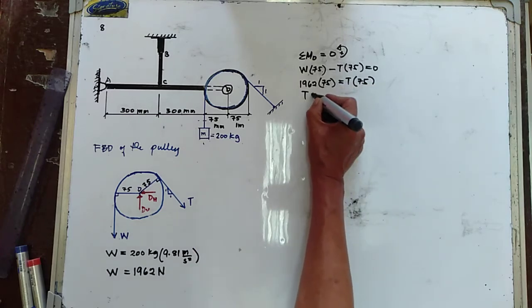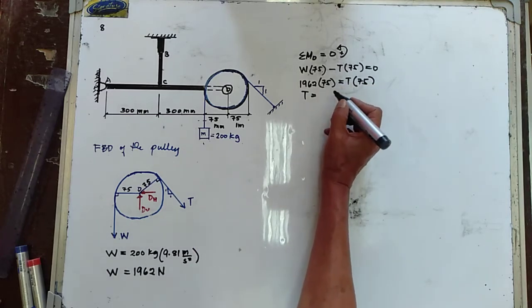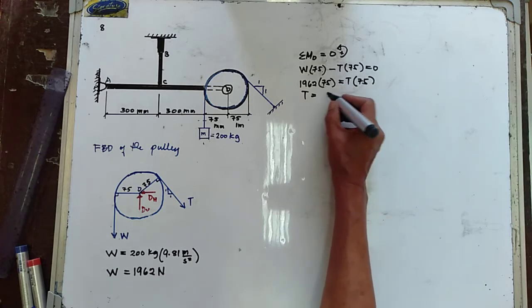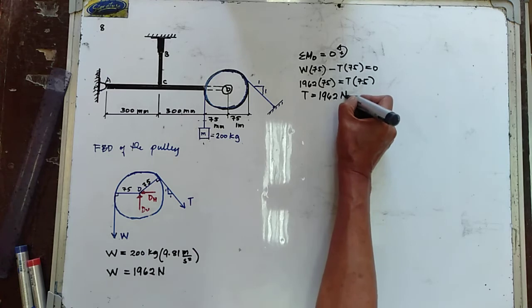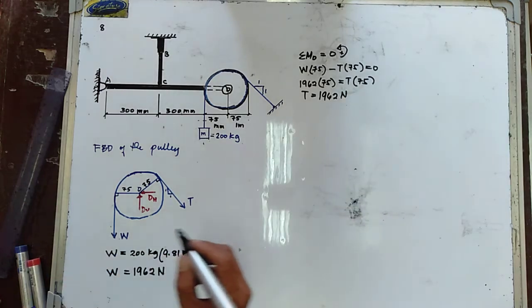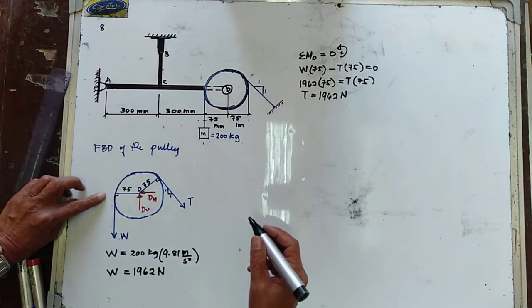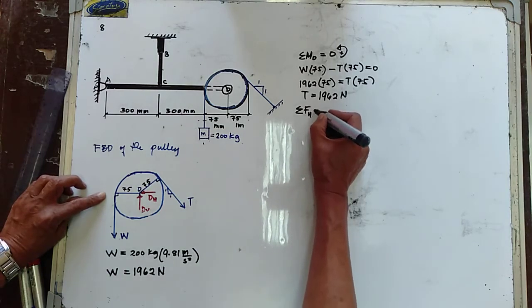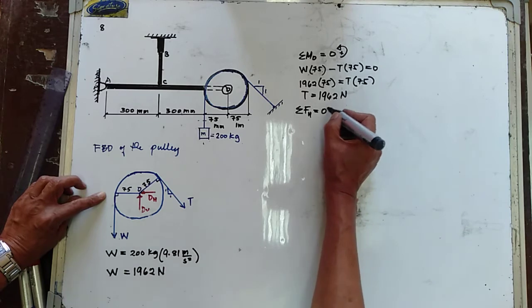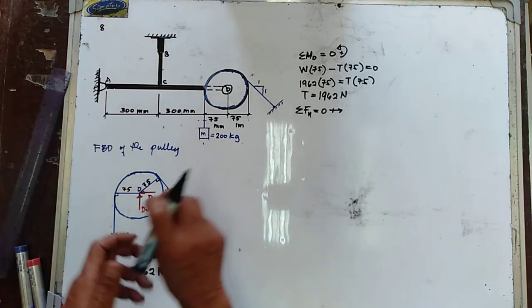Hence, the tension in the cable is equal to 1962 newtons.